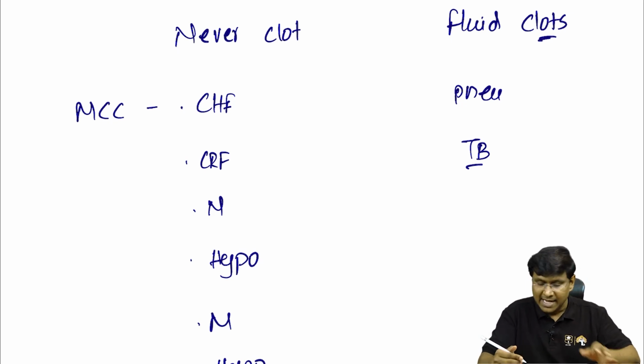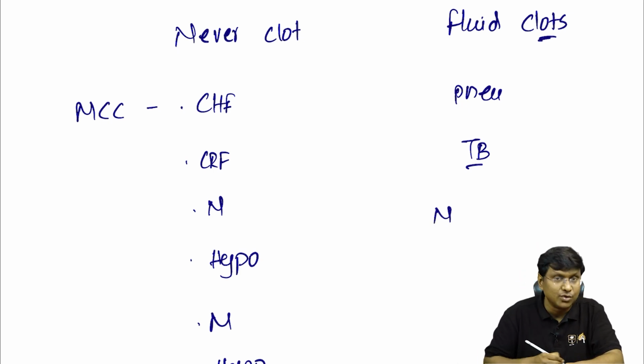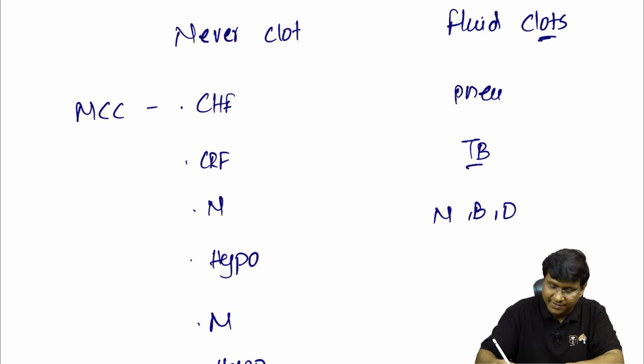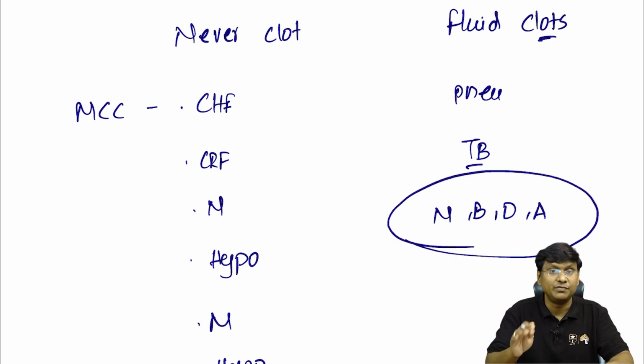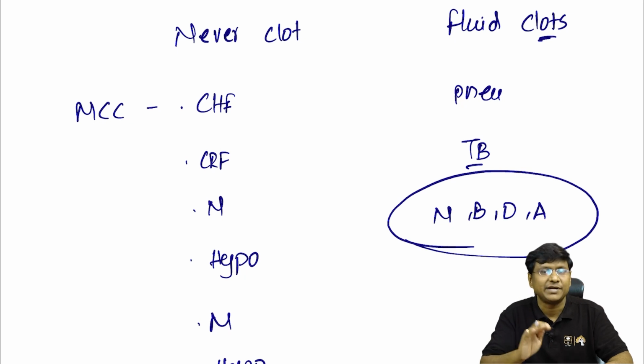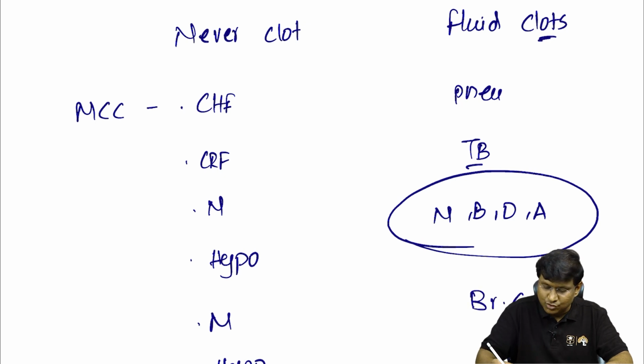Whereas exudative, apart from pneumonia and tuberculosis, we also have some drugs. These drugs include nitrofurantoin, bromocriptine, dantrolene sodium, and amiodarone. So these are all the drugs which can cause the exudative type of pleural effusion, right? And apart from this, we also have malignancies, that is bronchogenic carcinoma, systemic lupus erythematosus, and rheumatoid arthritis.